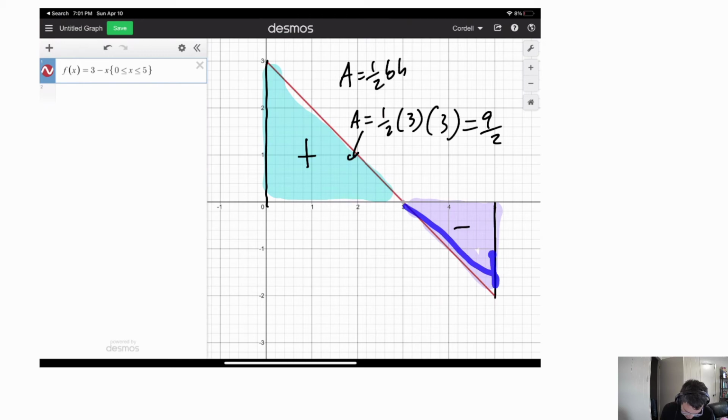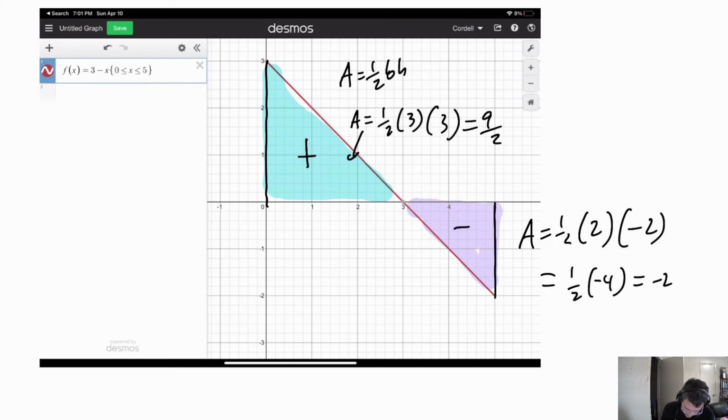For this triangle, the base length is 2, and the height of the triangle is -2. So we get 1/2 of -4, which equals -2. So the area under the curve from 0 to 3 is positive 9/2, and the area under the curve from 3 to 5 is -2.